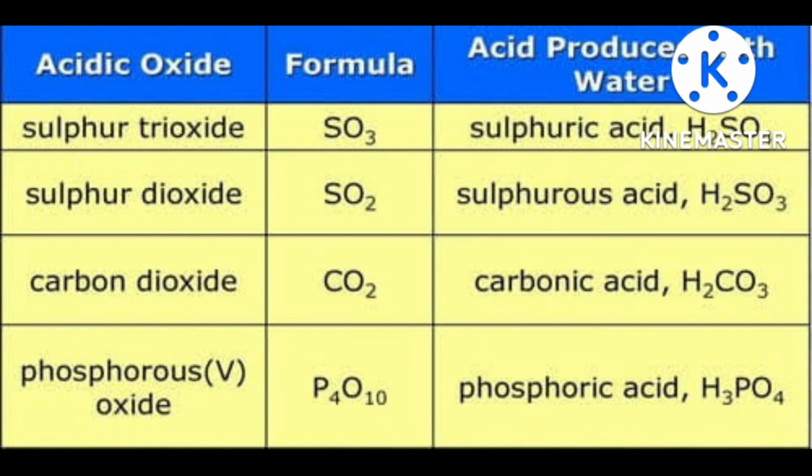You know that elements which have a tendency to lose the electron, that is the basic character, and elements which have a tendency to take the electron, that is the, you can say, acidic. Basic character means a tendency to lose the electron, and acidic character means a tendency to gain electrons.